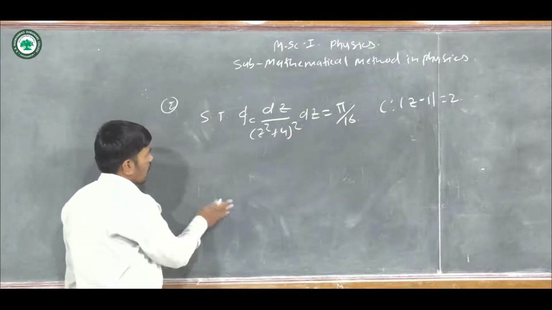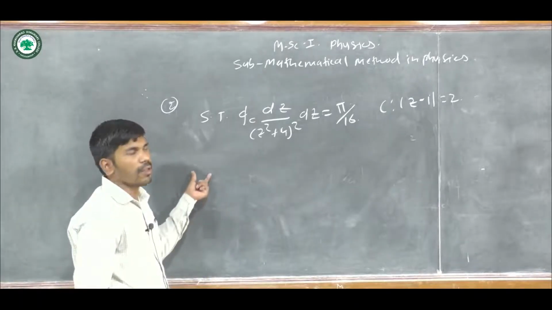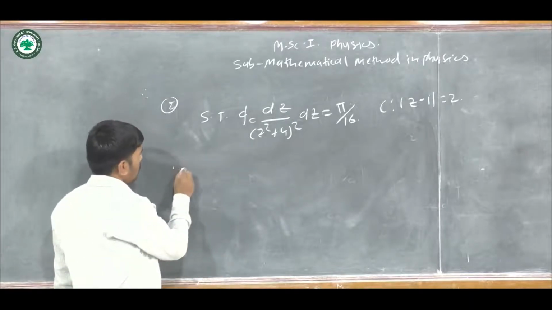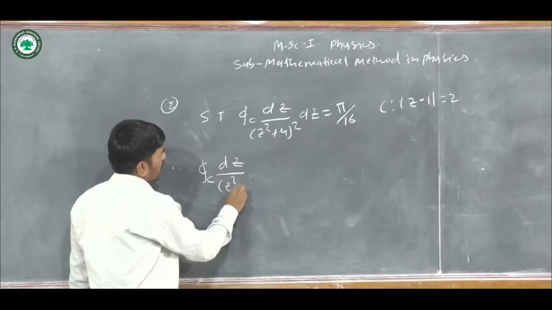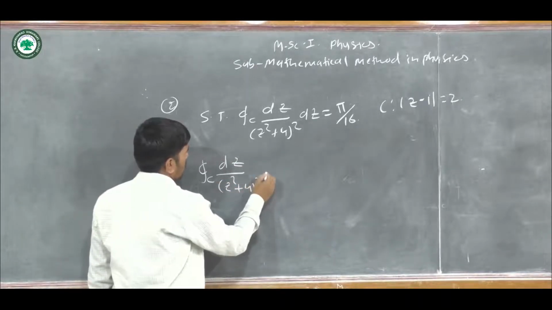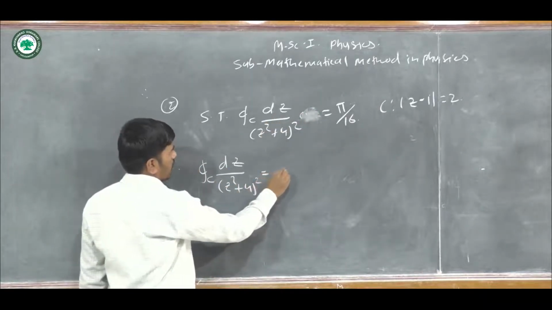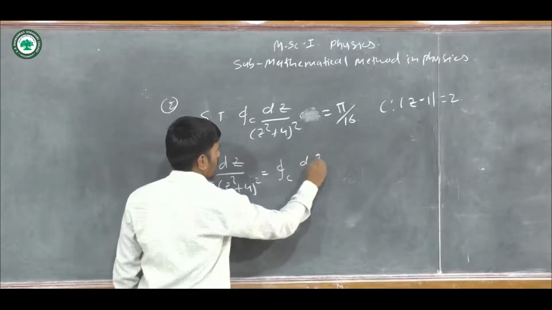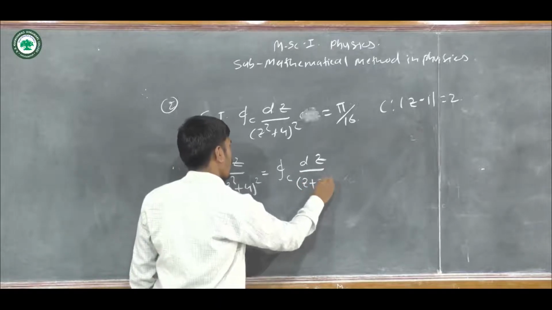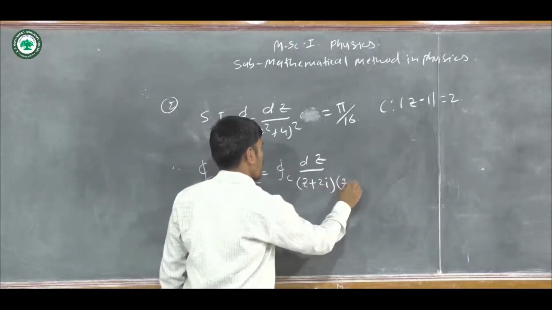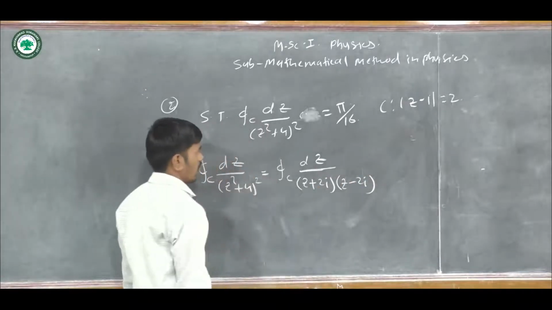So here we can use the Cauchy integral formula for the nth derivative. First, the closed integral over C of dz divided by (z squared plus 4) we can write as the closed integral over C of dz divided by (z plus 2i) into (z minus 2i).